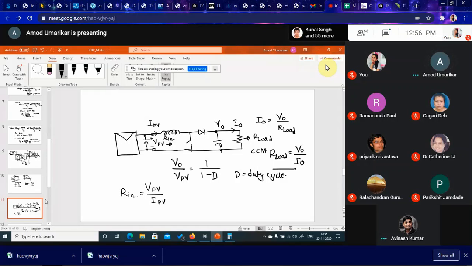Now, what is the relation between I0 and IPV? Again 1 minus D. I0 is 1 minus D into IPV.